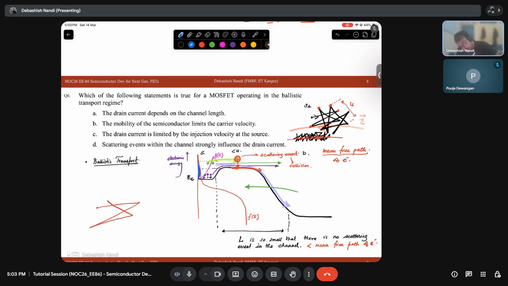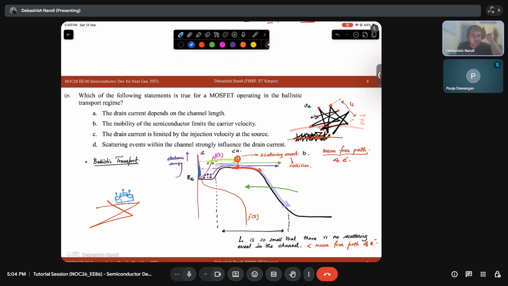Now you are creating your MOSFET so small that your channel length is much shorter than the electron mean free path. What will happen? The electron will go without any scattering, like a bullet. That is what is called ballistic transport.